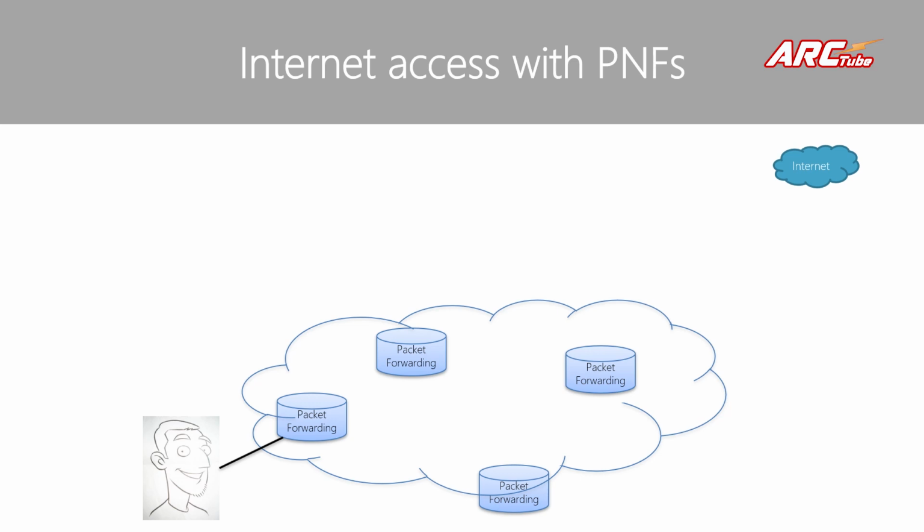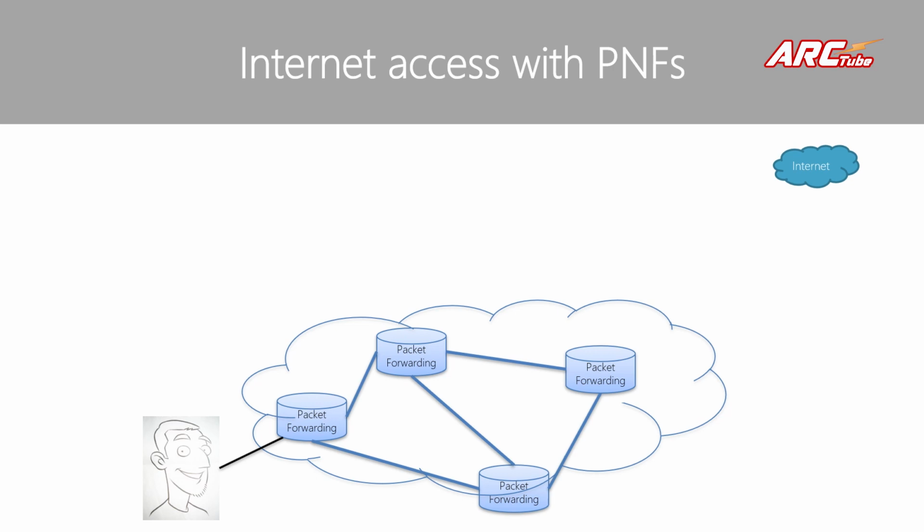Now, I need to traverse this network because internet is not somewhere closer to me. This network could be implemented using standard physical network devices, or it could be something done with software defined networking.